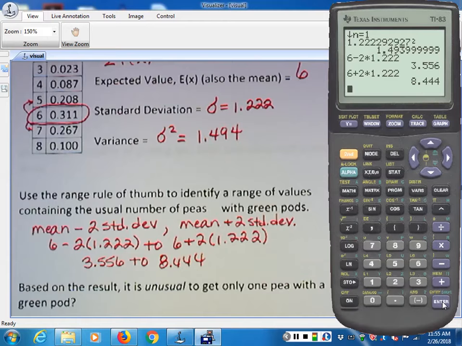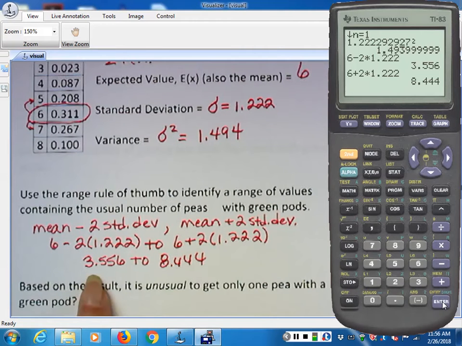And the usual number of green pea pods that I would, 95% of the time, if I were to grow these pods over and over and gather handfuls of 8 of them, then 95% of the time there should be between 3.556, or 3.6 would be probably close enough, to about 8.4.